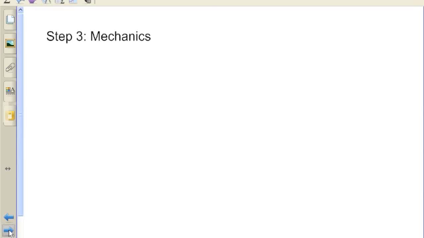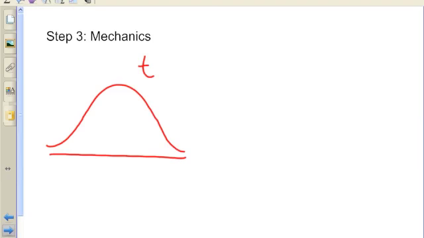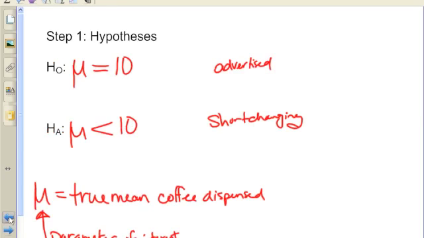All right, step 3 is our mechanics. So just to kind of help you picture what's going on, we have this T model. It looks an awful lot like the normal model. As a matter of fact, the same things are true about it. The mean of this model comes from the null hypothesis, just like we did back in chapter 20.